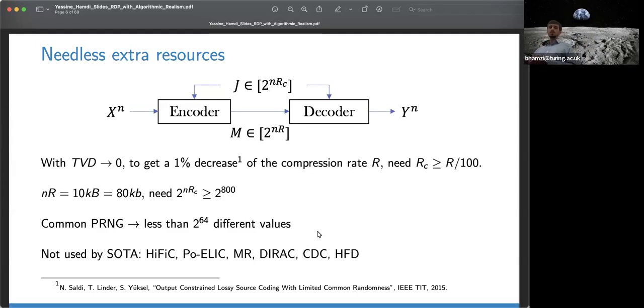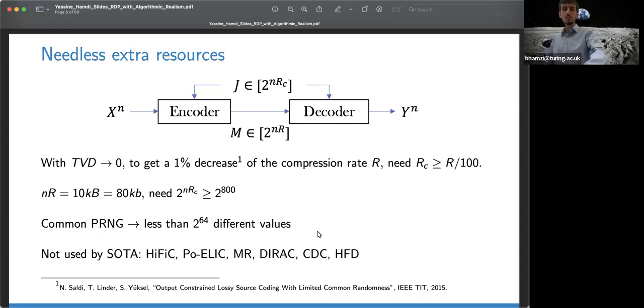But the point is not just that you need common randomness to get the optimal trade-off, but theory shows that you need an enormous amount of common randomness to get the optimal trade-off. So, for example, theory says that for the presence of common randomness to be at all useful, for it to at least allow a 1% saving in compression rates, you need essentially the rate of common randomness to be at least 1% of the compression rate.